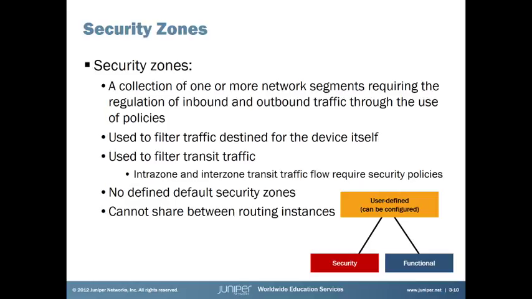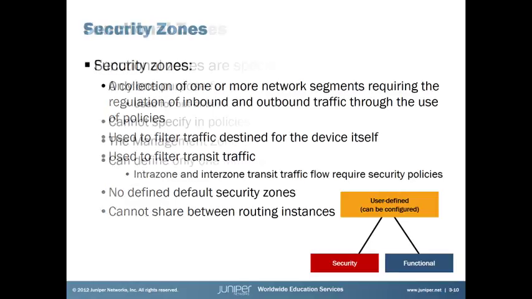So what traffic is allowed to go within the zone itself between network segments? There's actually a policy for that. So you can control what happens even inside the zone. By default, if we just clear the configuration altogether, there's no security zones defined.